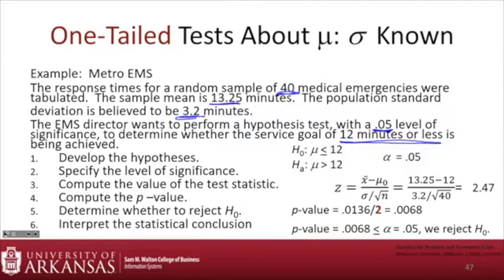Given that test statistic, I can tell you that the p-value, when it comes from ISYS, is 0.0136. So why would I divide it by 2? Because it's a one-tailed test. ISYS is going to give you p-values in terms of a two-tailed test.